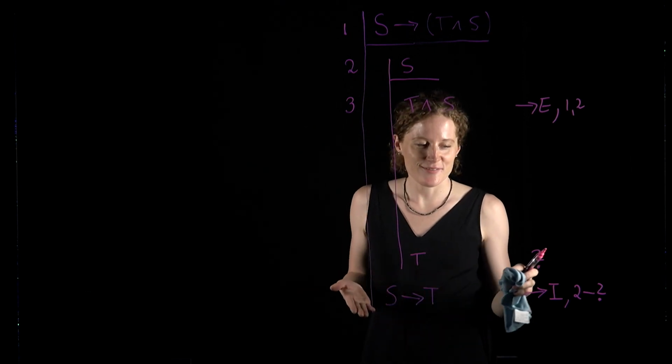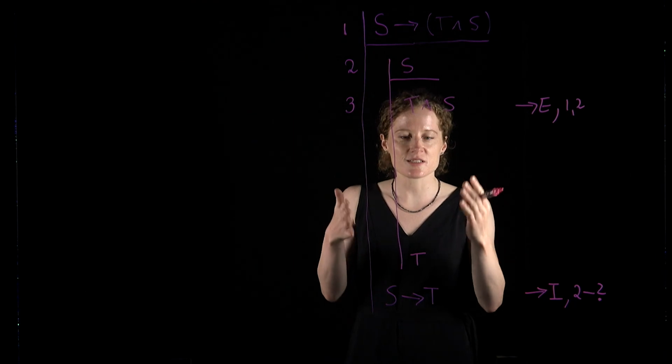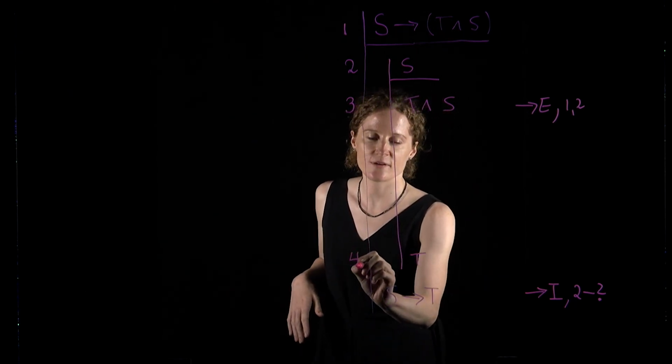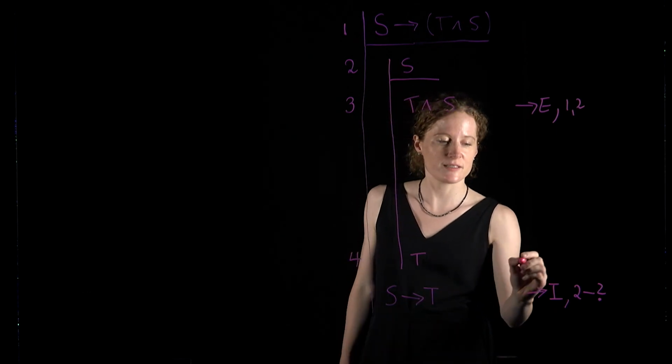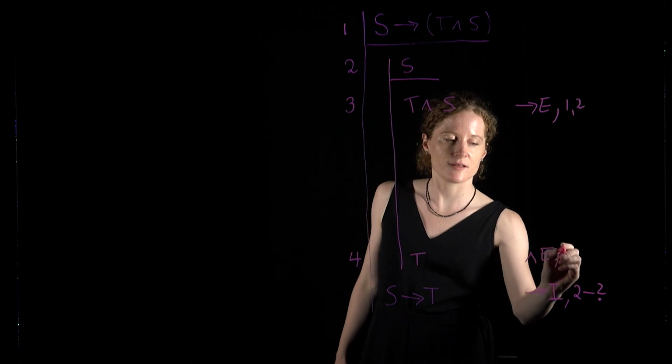Now I have an idea for how I can prove T. Because of course, if the conjunction is true, then either conjunct must be true. And I can infer the first conjunct T, citing conjunction elimination and line 3.